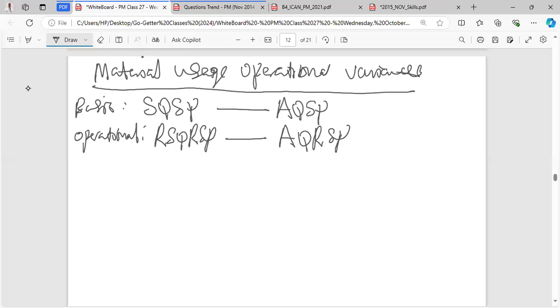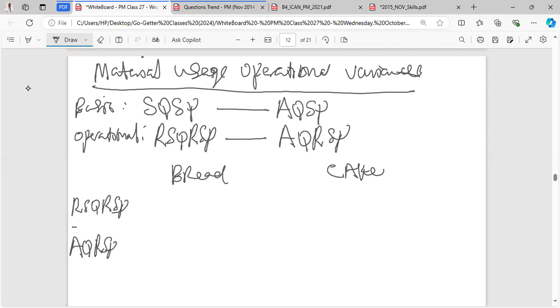Okay, so that's what we repeat down here. This is bread, and this is cake. Revised standard quantity, revised standard price, actual quantity, revised standard price. So let's see what we can do.